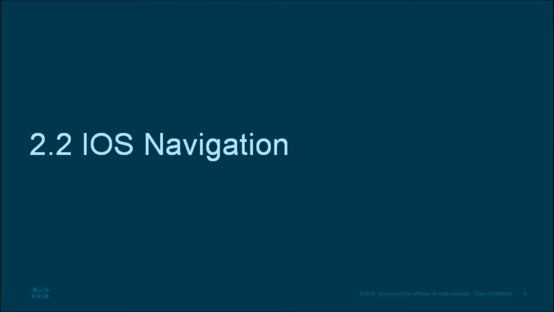Using the CLI may provide a network administrator with more precise control and flexibility than using the GUI, or graphical user interface. This section discusses using the CLI to navigate the Cisco iOS.